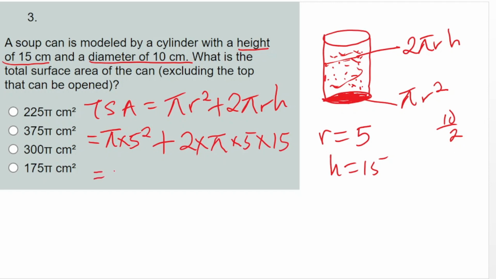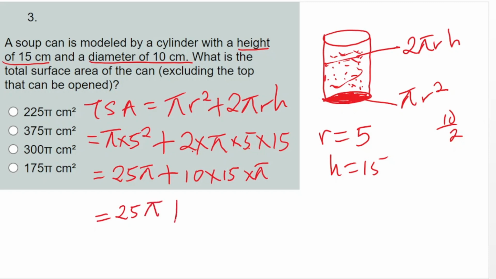So this will give us 25 pi, plus 5 times 2, that is 10, times 15 times pi as well. So this is 25 pi.